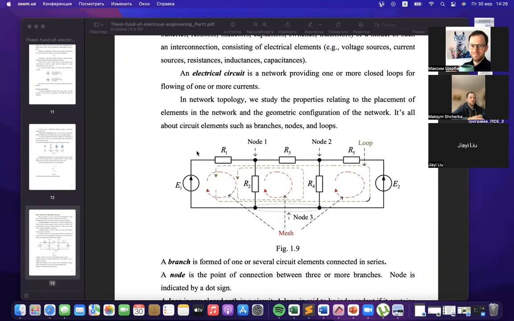In such a mathematical model with such four main assumptions, we could build some view of an electrical circuit. It is called a circuit model or just electrical circuit. The main topological elements of this circuit are node, branch, and loop.